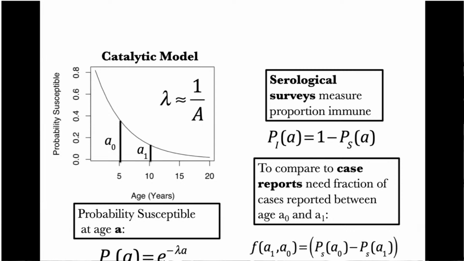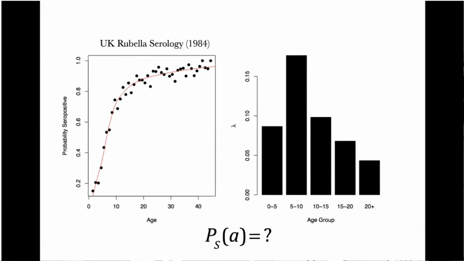And really, I think this is just saying that if you have proportion immune at 2 different time points, you can calculate the force of infection for each age group, for each time period. And I'll give you that with an example of rubella data in 1984 in the UK.